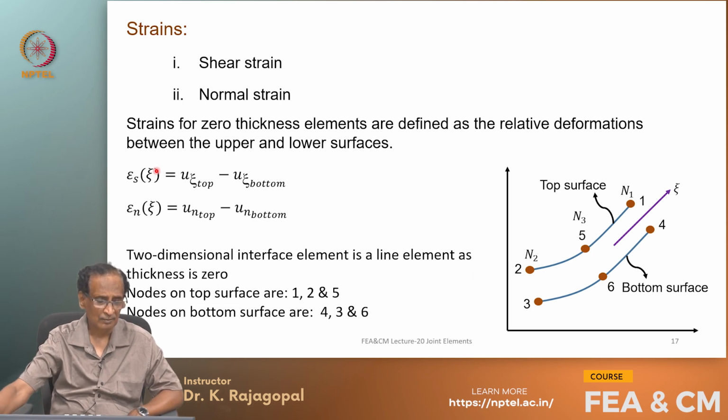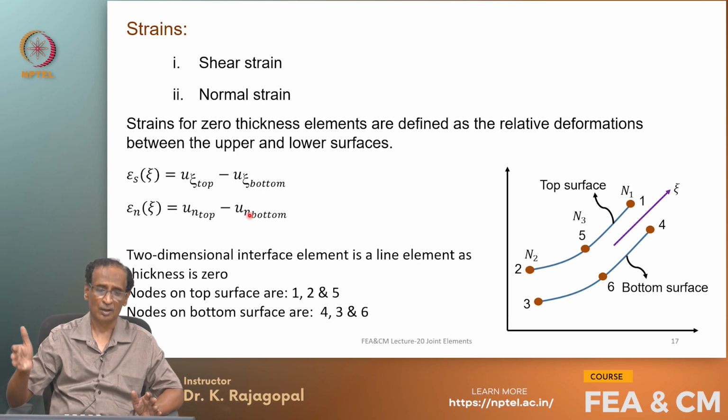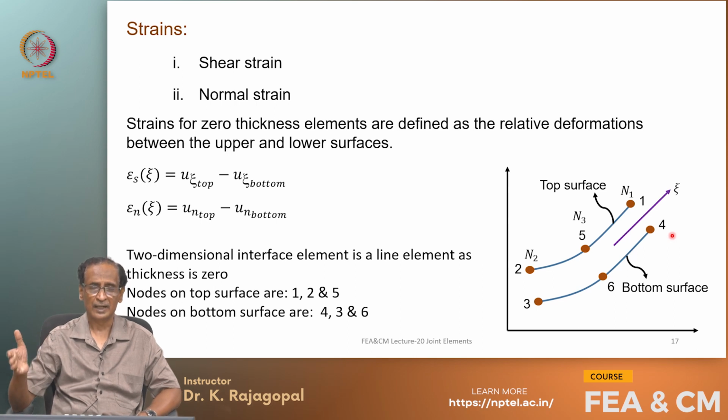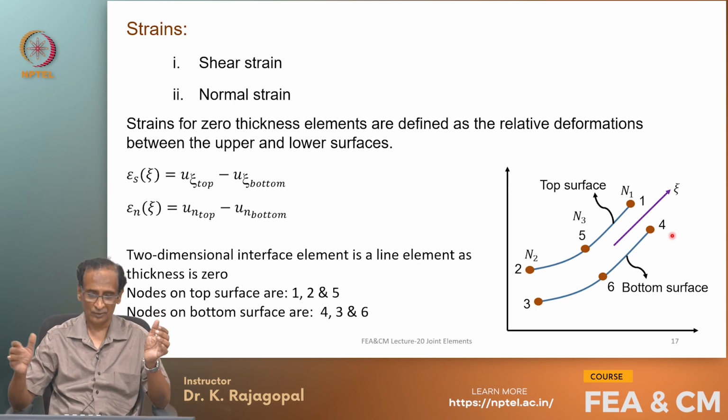So, epsilon shear is u xi of the upper surface minus u xi of the bottom surface, and the relative normal displacement is the normal displacement of the upper surface minus the normal displacement of the bottom surface. By expressing this in terms of the local coordinates xi and eta, we can work in terms of our natural coordinates that vary from -1 to +1.